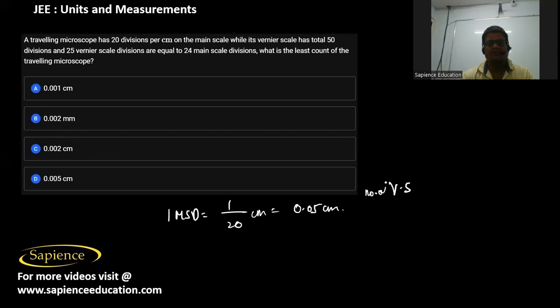The number of vernier scale divisions is 50, and 25 vernier scale divisions are equal to 24 main scale divisions. Therefore one vernier scale division is equal to 24 by 25 main scale division.